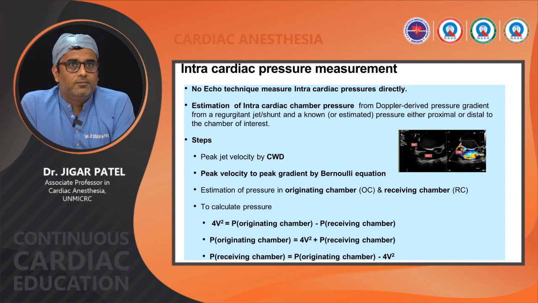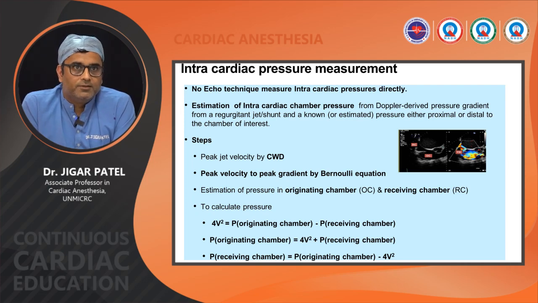Now the fourth measurement you get from the Doppler data and echo 2D data is the intracardiac pressure measurement. There is no echo technique that measures direct intracardiac pressure, but estimation of intracardiac pressure can be done from Doppler derived pressure gradient from a regurgitant jet or shunt and a known proximal or distal chamber pressure.